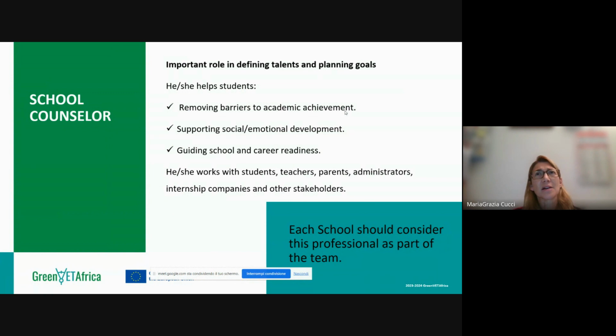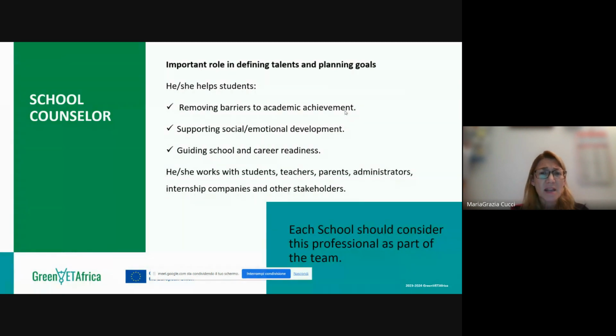This makes it easier for the student to remove barriers in relationships and in school achievement. He or she feels more free to explain, to open his or her emotional world, in order to give the opportunity to the school counselor to ask the right question about the talent.